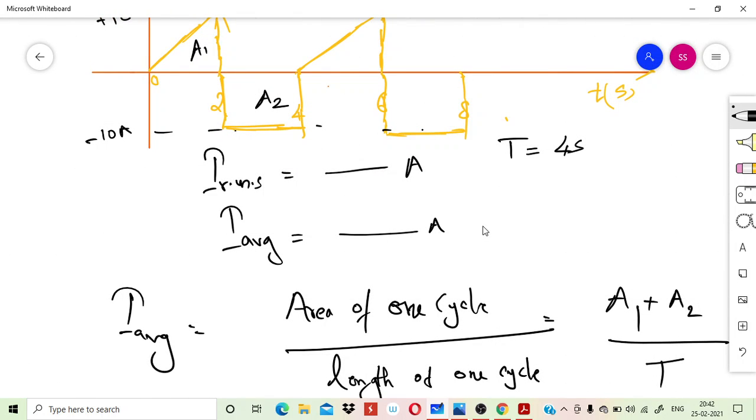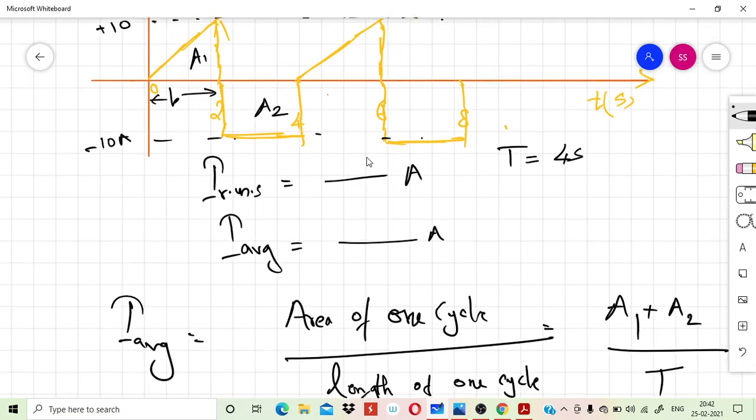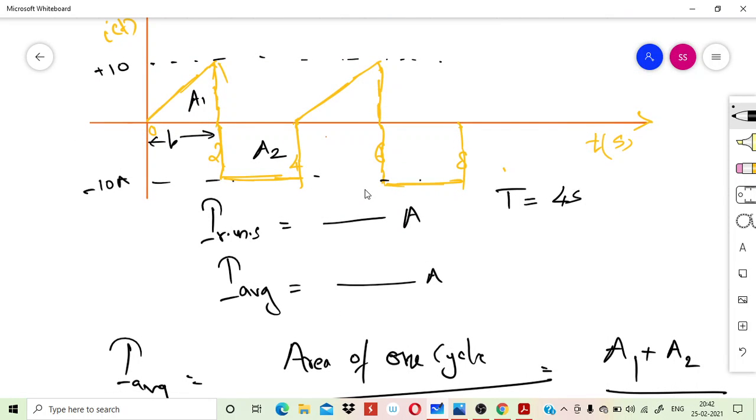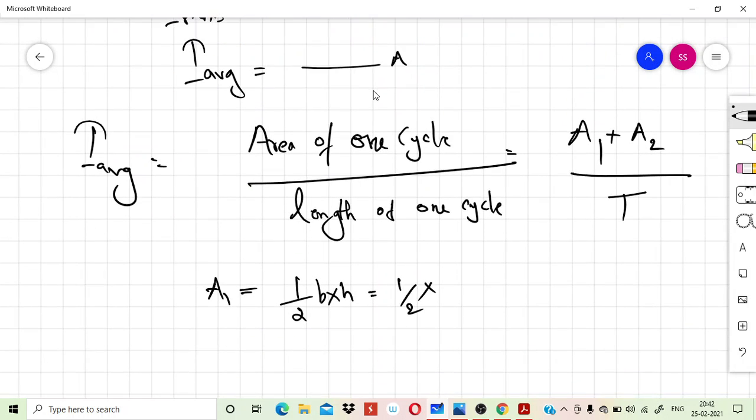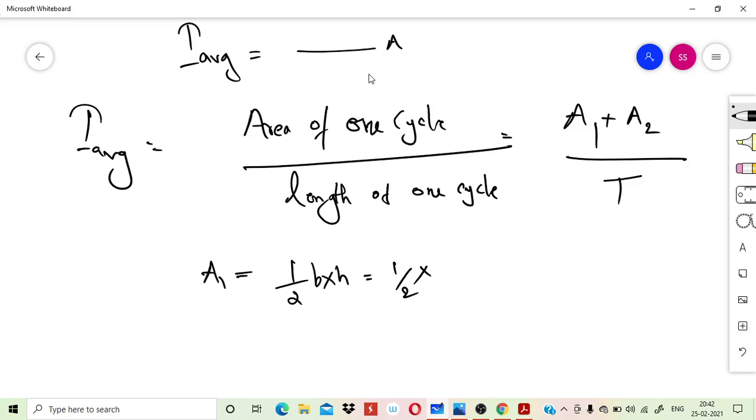This is b, and h is this. So half into b is 2 into h is 10, so it will be equal to 10.